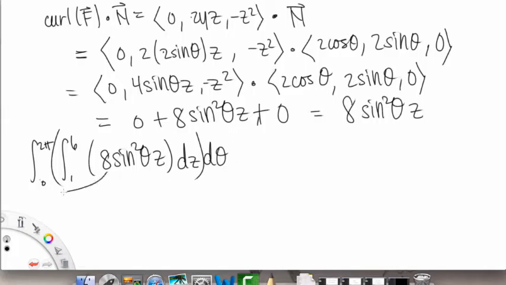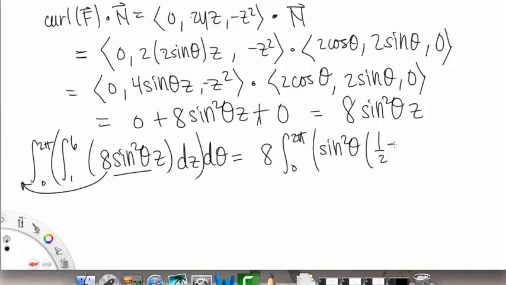So I'm going to bring this 8 outside in front there, so we don't have to deal with it right now. So we get 8 times the integral from 0 to 2 pi, and we're integrating with respect to z, so the sine squared theta just stays there. And then for the z component, we have 1/2 times z squared, as z goes from 1 up to 6, and our d theta.